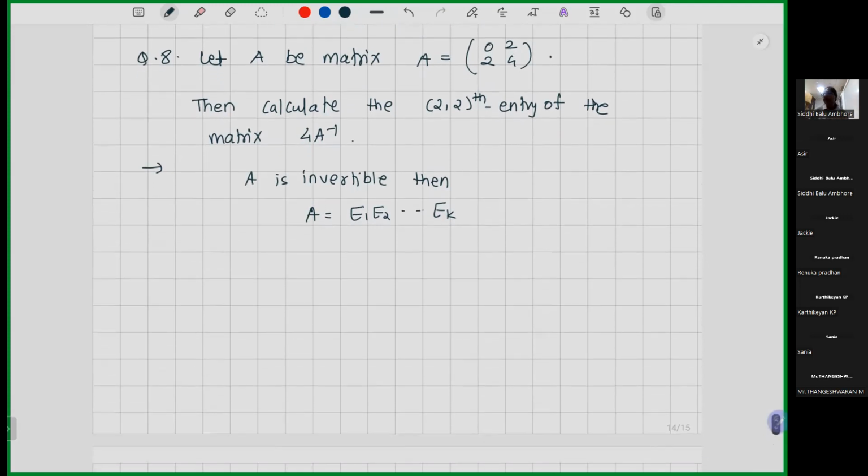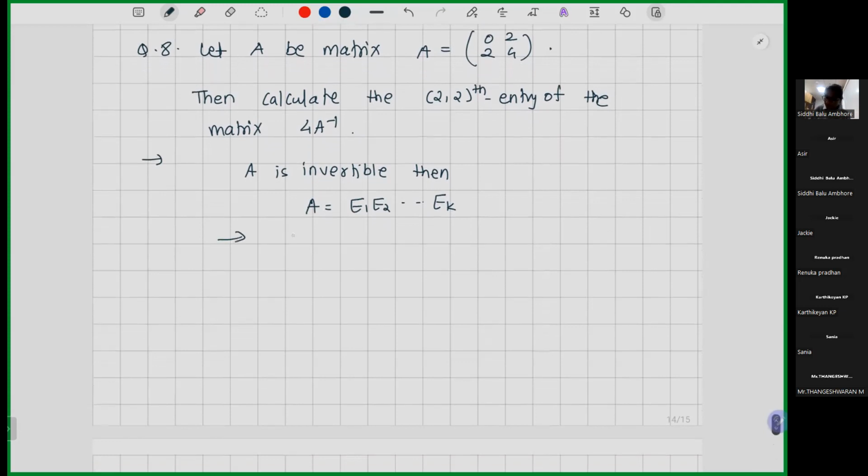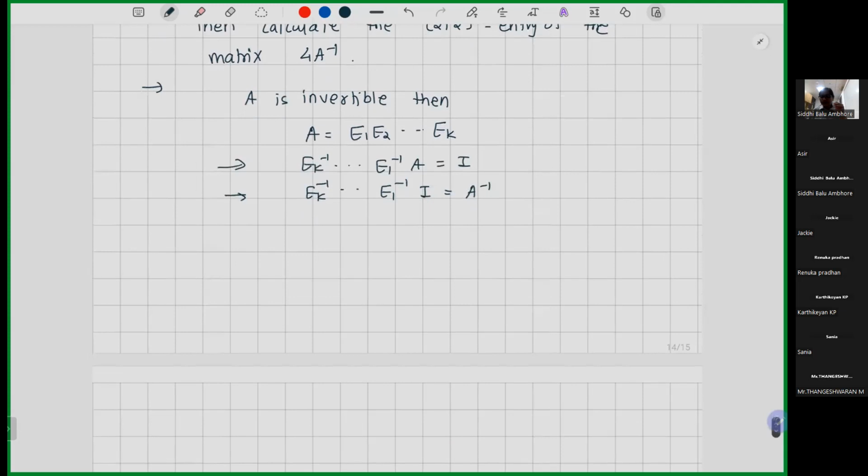Okay, so using this, I will also have A inverse E1 inverse identity into A is identity, and using this I can write identity will be A inverse. What exactly it says is that E1 to EK, look at them as elementary row operations.